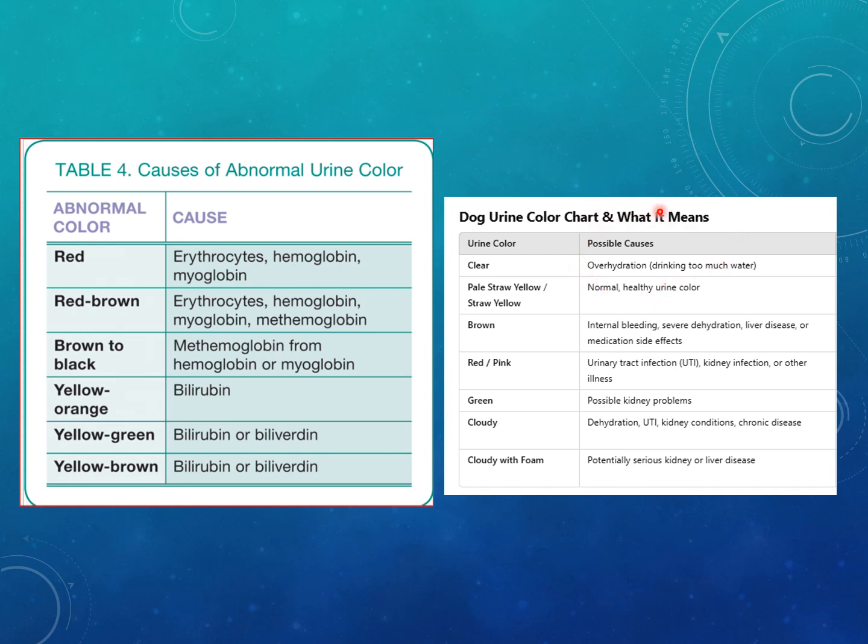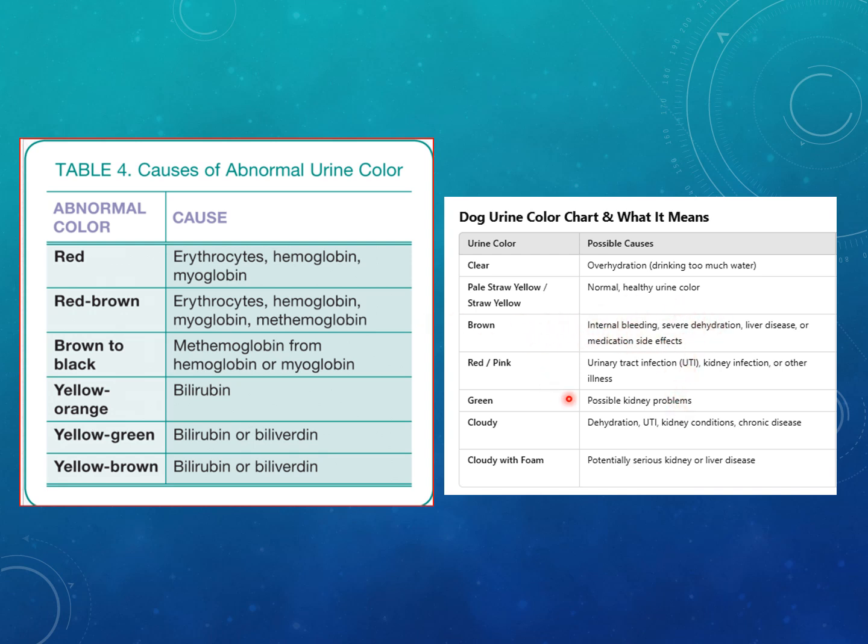Clear can indicate overhydration or kidneys not functioning, not filtering the blood. Dark yellow can be related to dehydration. So our urine's very concentrated. It's mostly sediment probably and not enough water.